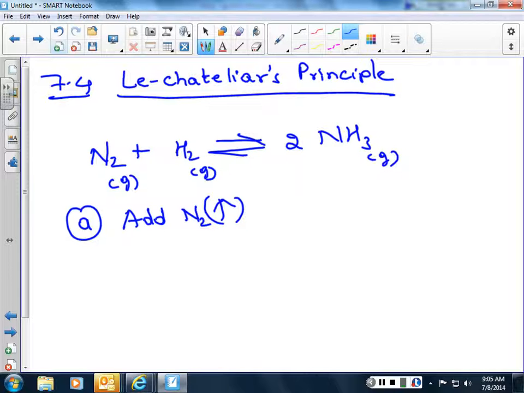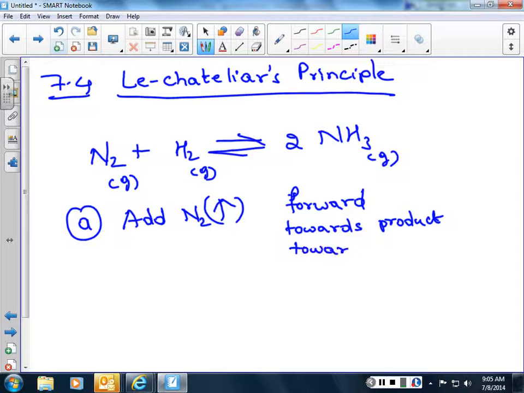Clear? If you are adding nitrogen, it means you are increasing nitrogen, so the reaction will go this side. Instead of saying the reaction is going toward the right, what do you say? The reaction goes forward. There is one word: it goes forward, or toward product, or toward right.